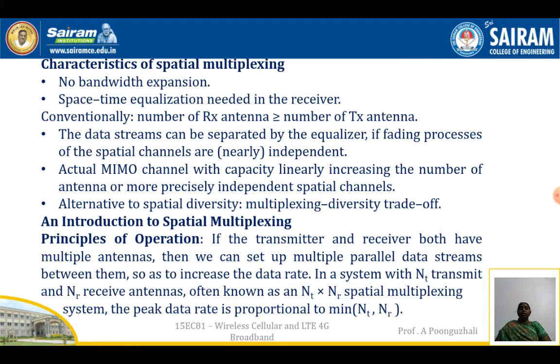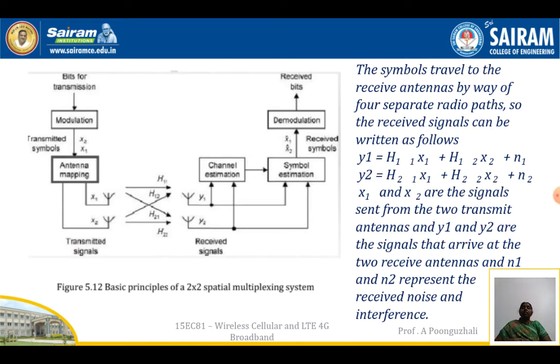We consider a system with NT transmit and NR receive antennas, known as NT into NR spatial multiplexing. Here the peak data rate is proportional to the minimum of NT comma NR.